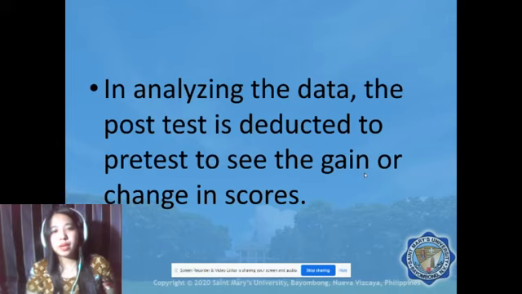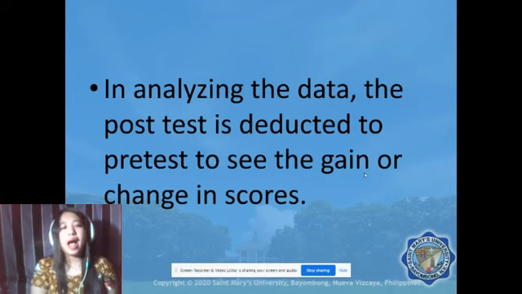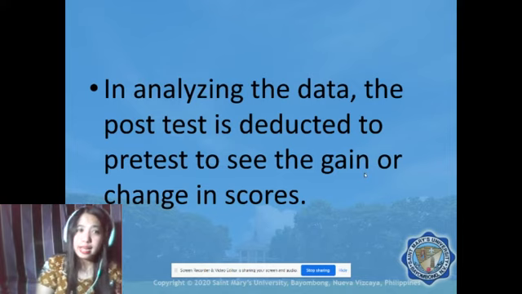Some of the concerns here, why there is a need to deduct, is what if the student already knows the topic and obtained a high score in the pretest, and that's why he also obtained a high score in the post-test, especially if you have a parallel test.